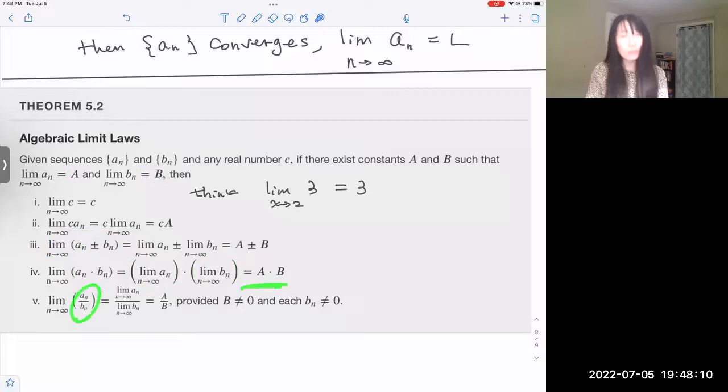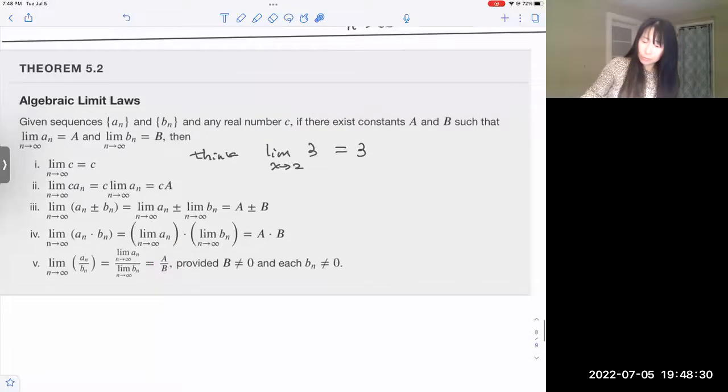And quotient rule, same thing, okay? Then we have a over b, but the denominator cannot be equal to 0, all right? So we are using the same laws for the limit in sequences as well, okay? All right. So let us do this one.